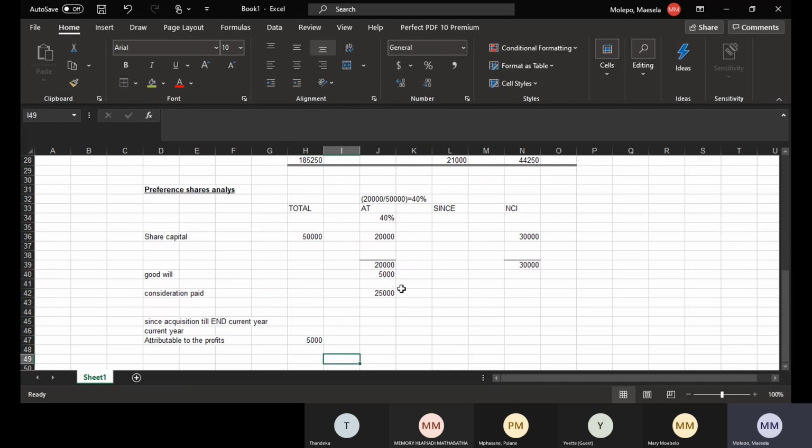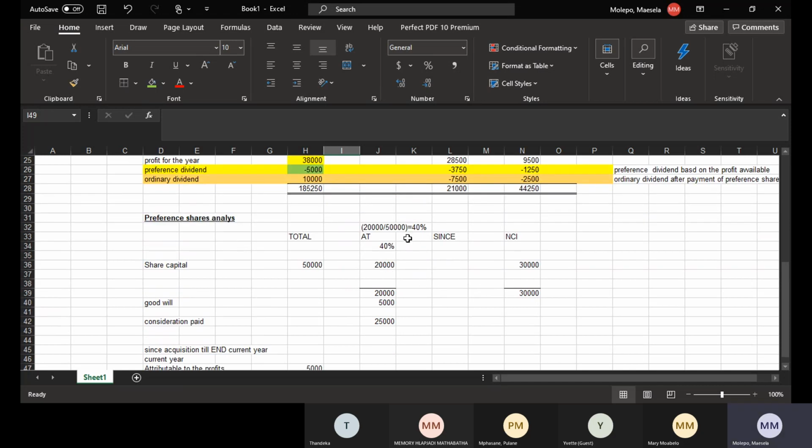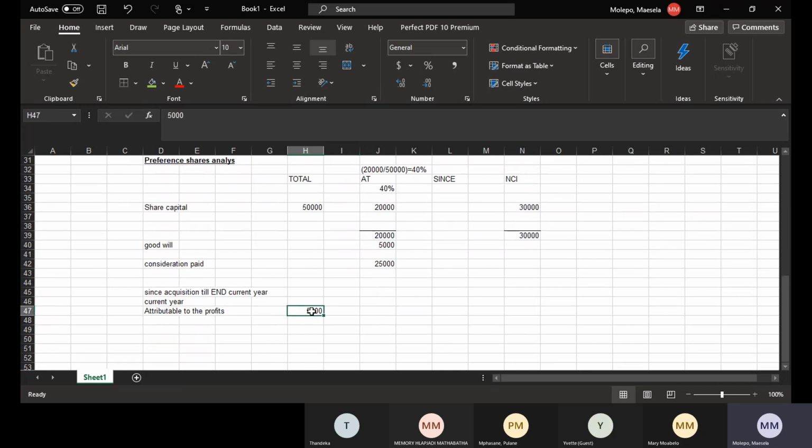But now we are no longer going to use the 3,750 and the 1,250, because based on the percentage, we're only entitled to 40%. So we say our 5,000 multiplied by 40% gives us the 2,000 on the since. And then the remaining 3,000 will go to this side as the difference.